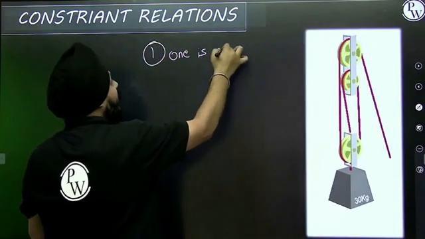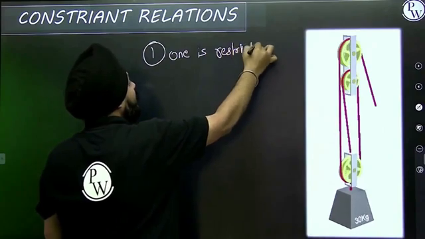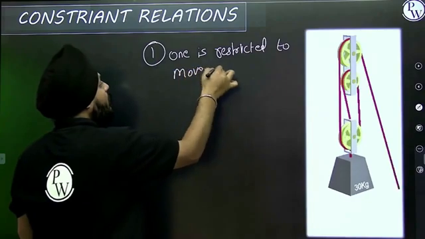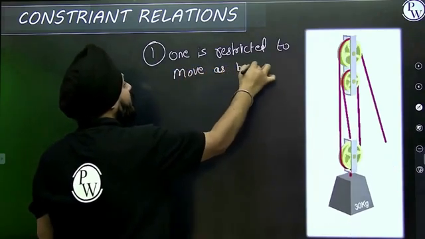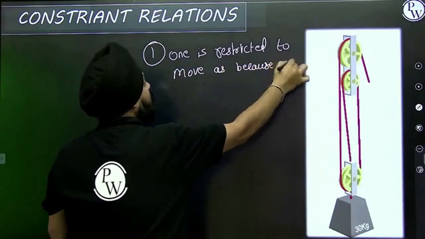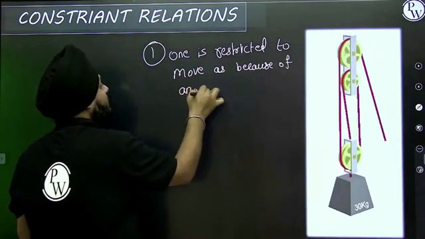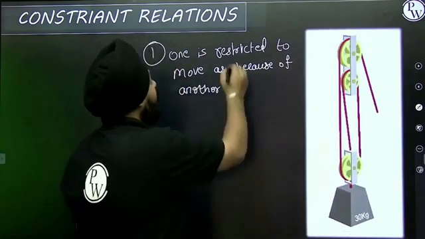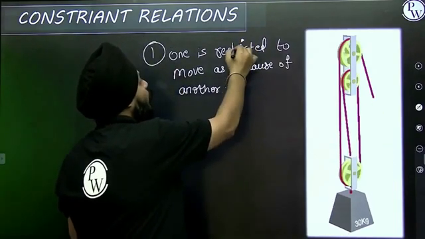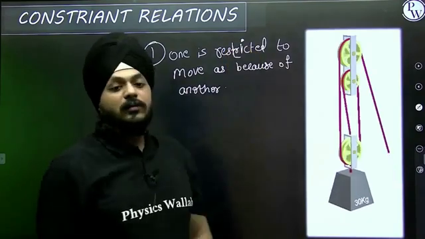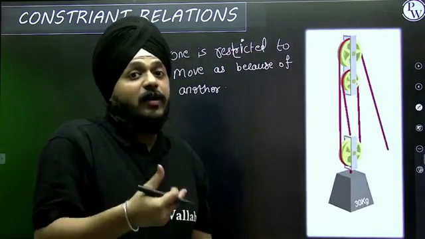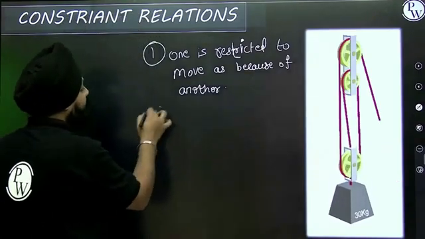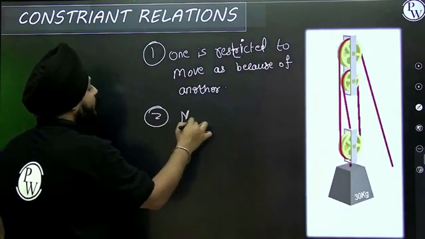One is restricted to move because of another. One is restricted to move because of another. Constraint, the word itself states that. Second, maximum number of the cases this happens in the case of movable pulleys.